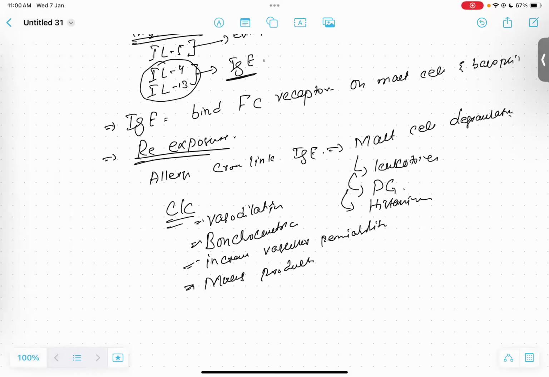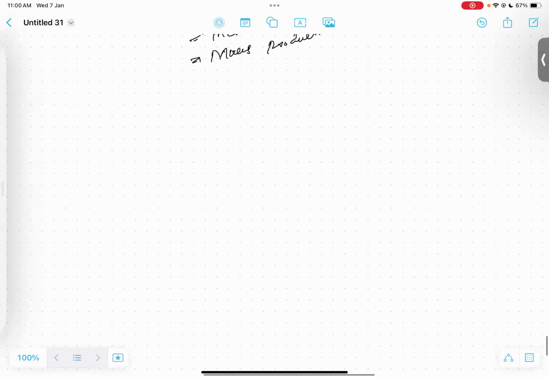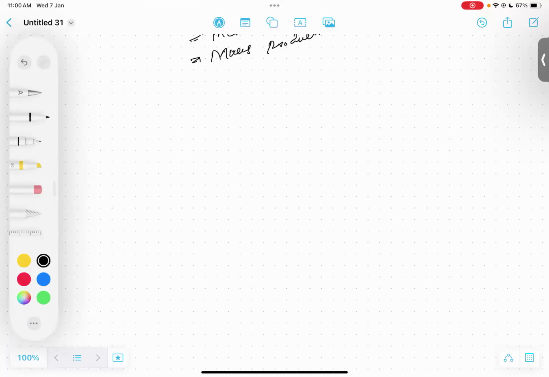And the examples of type 1 hypersensitivity reaction are important. Can anybody tell me the examples? Anaphylactic reactions. Excellent.